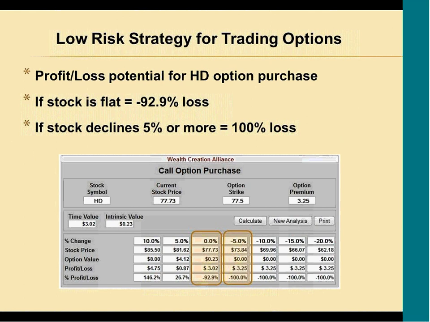If you want to purchase call options and be profitable, you have to be correct about the direction of the underlying stock, and you also have to be correct about the timing of the price move, because that has to occur before expiration. If you're not correct about the direction and timing, it could result in a 100% loss, as we've just seen with the Home Depot example.